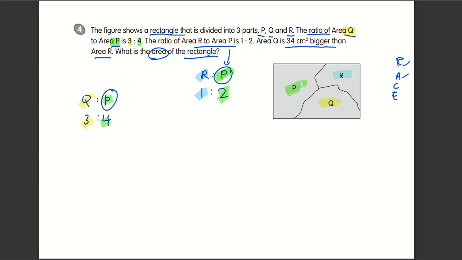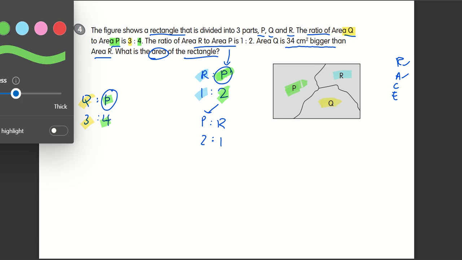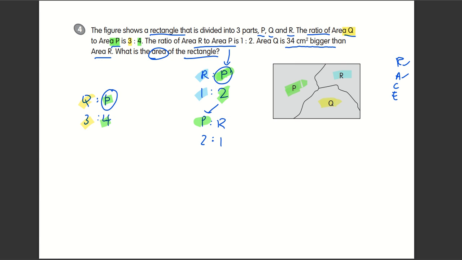So I have to put R and P. I can reverse it into P to R as 2 is to 1, which is the P as it is, and then R as it is.